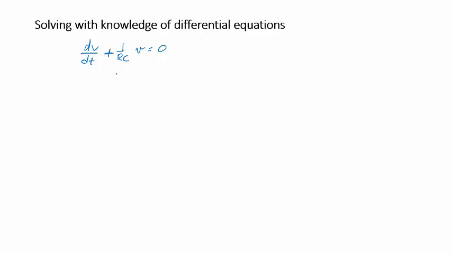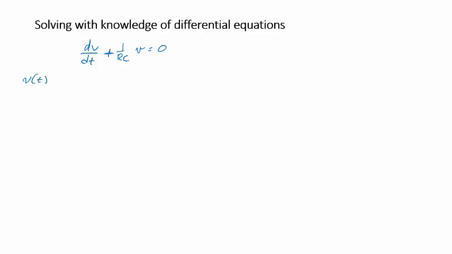What this equation really means is that you're looking for some solution, v as a function of t. You need some function that solves this equation. What it says is that if I take the derivative of my function plus a scaled version of the original function, it has to equal 0.